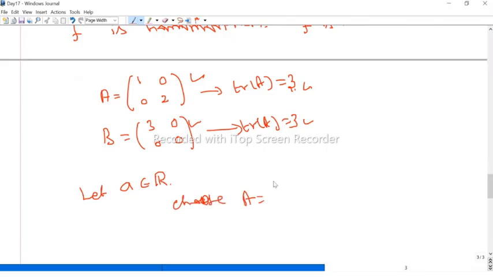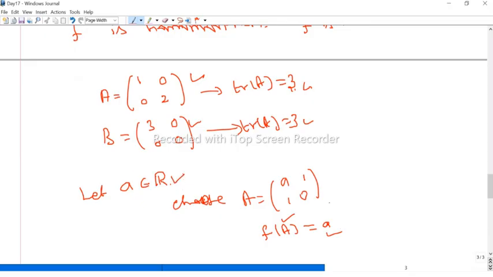So we can choose the matrix A. Simply we can take A, 0 on the diagonal. We can take any other entries, anyway, because we are going to find only the trace. So I can choose this matrix from the domain such that F of A is nothing but the trace of A. What is the trace? A plus 0, which is nothing but A. Therefore, I can find the matrix A. The image is this.